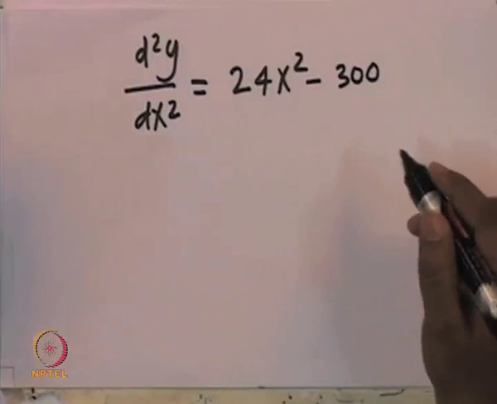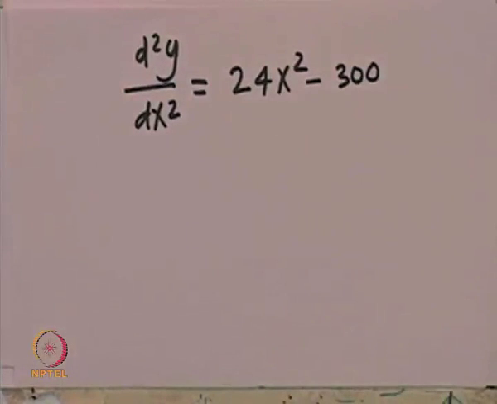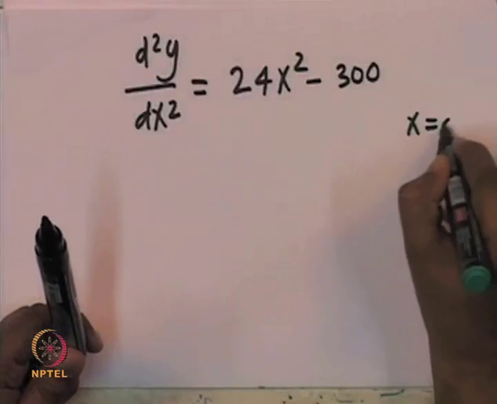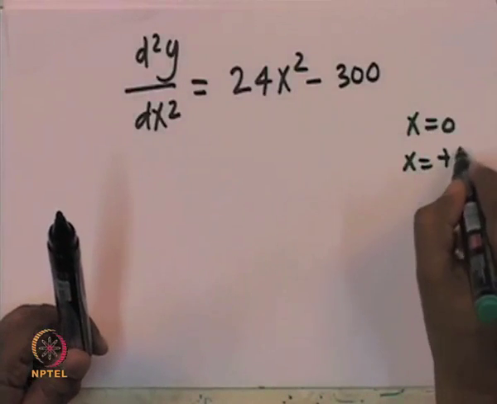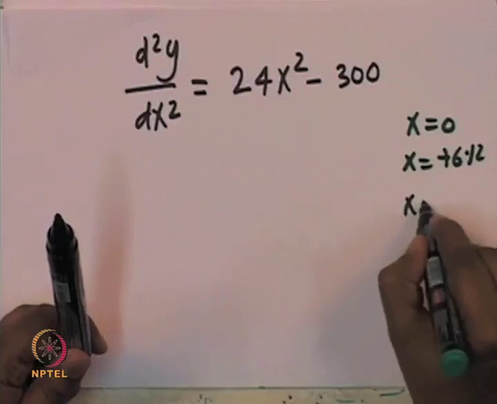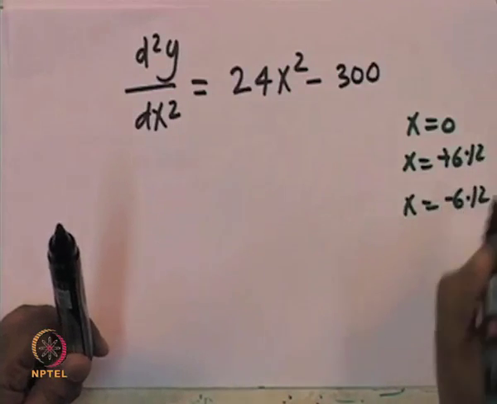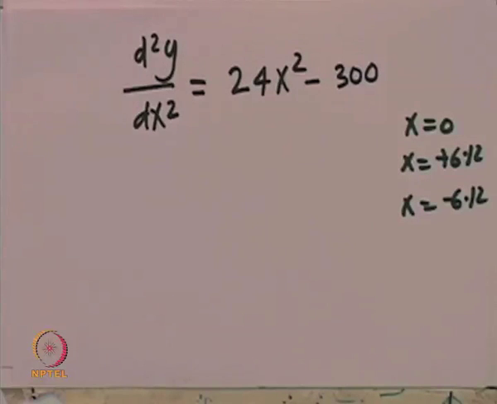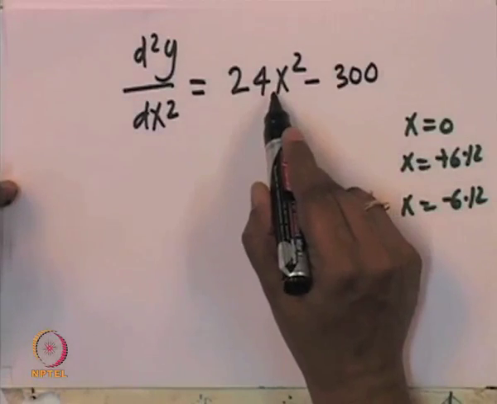Now, the 3 points where you have maximum or minimum are x equal to 0, x equal to plus 6.12, x equal to minus 6.12. Let us first put x equal to 0 here.